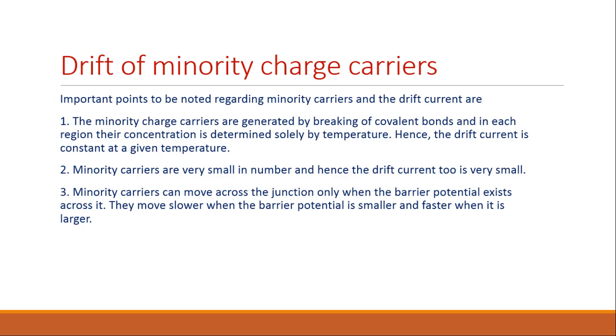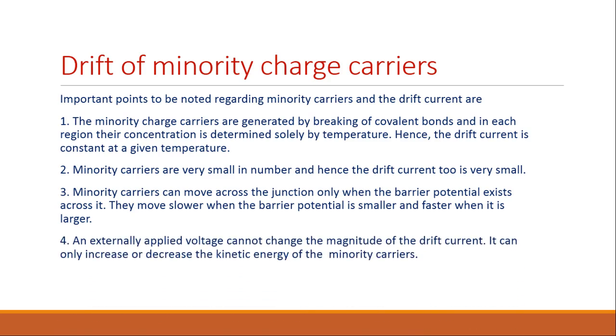After the formation of the barrier and internal potential, the drift of minority charge carriers can take place. So, it is necessary that the barrier potential exists across the junction for the flow of minority charge carriers, and the width of the potential barrier will decide the velocity of the minority charge carriers. If the barrier increases in width, the velocity of the minority charge carriers will also increase, and vice versa.